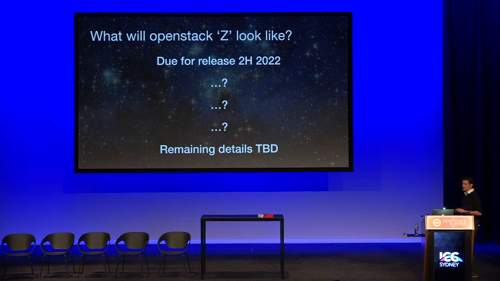So OpenStack develops fast, but we've got a little way to go. And what do we need to do if we were to bring OpenStack into production in 2022 on machines like the new High Luminosity LHC at CERN and the SKA deployments? We're not really sure yet.